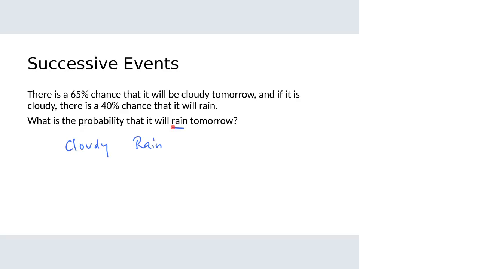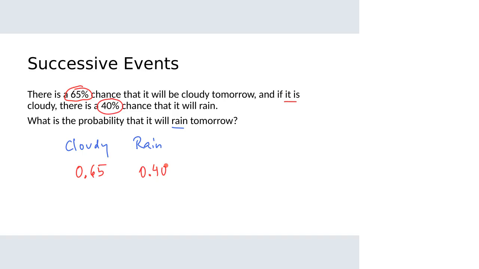This is another case where be careful not to overthink it. We don't have fractions here with successes over outcomes. Instead, we were just given the probability right out of the gate. The probability that it's going to be cloudy is 65%. So we'll write that as a decimal. The probability that if it is cloudy, the probability of rain is 40%. So we'll write that as a decimal.